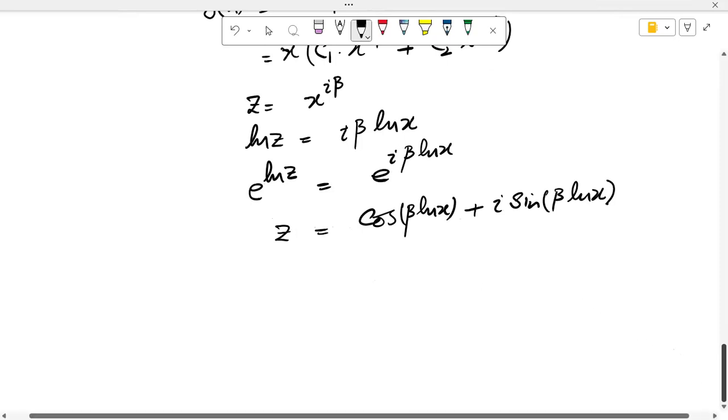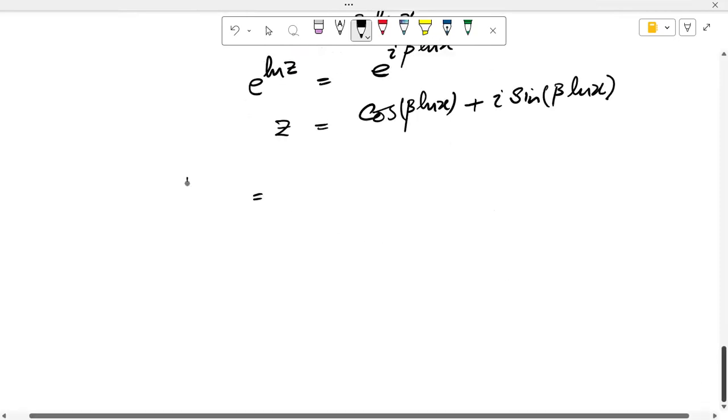So with this simplification, we can then write our solution.